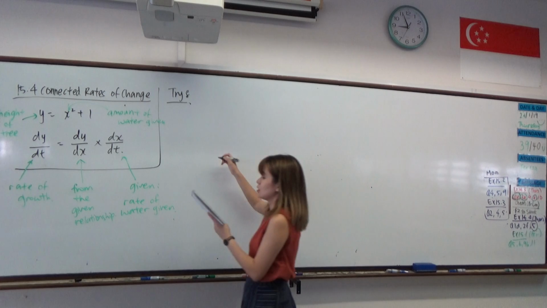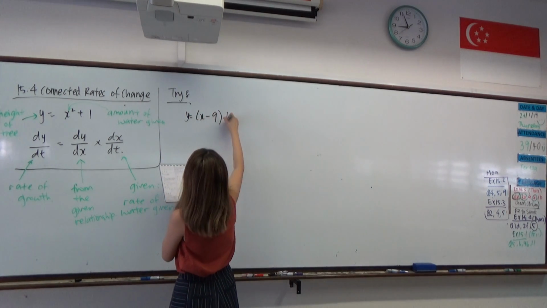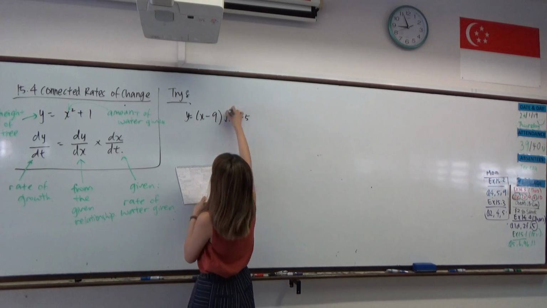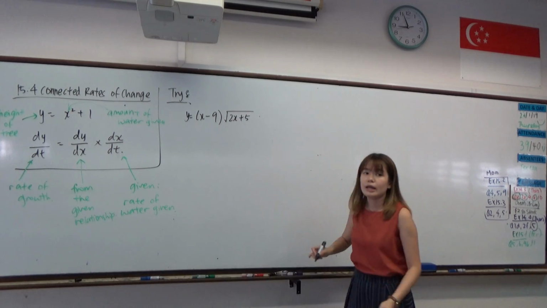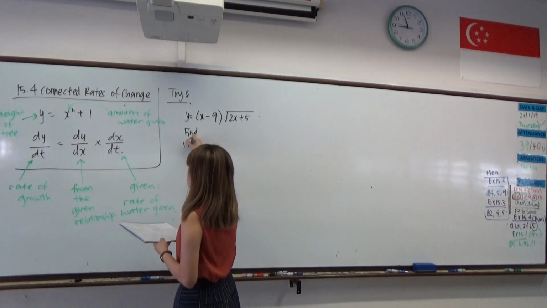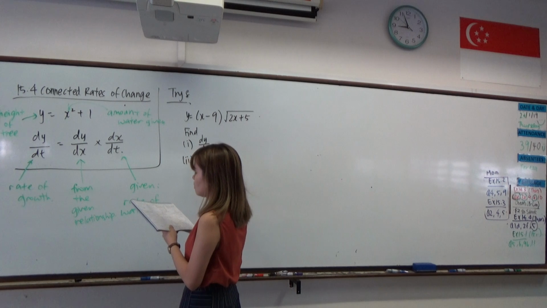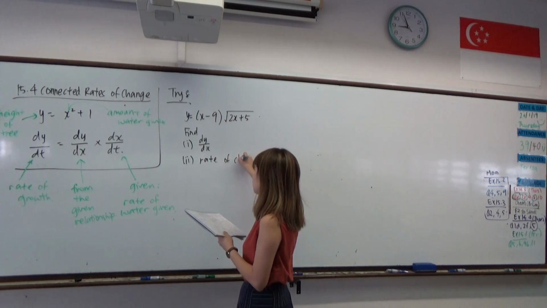So we have a curve that has this equation. We first want to find out what is the derivative, and then we want to find out the rate of change.